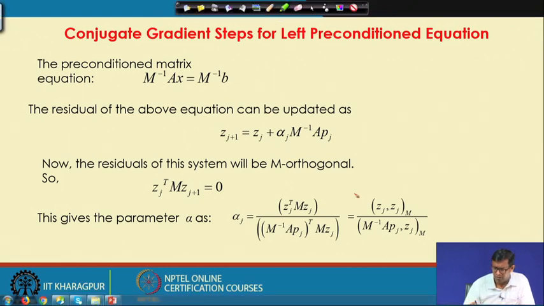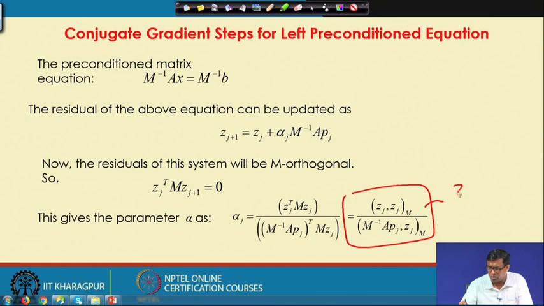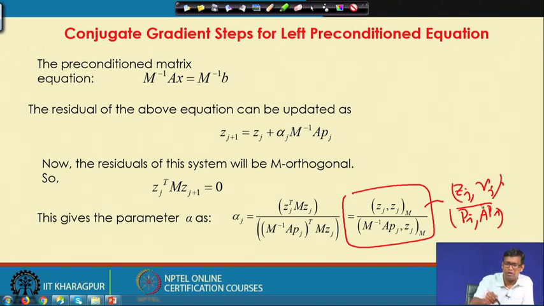The alpha j was z j M by M inverse A p j z j, and this is now transferred to z j dot R j, and this is transferred to p j dot A p j. This will be the new values, the final form of alpha, which the conjugate gradient solver algorithm will need to compute.